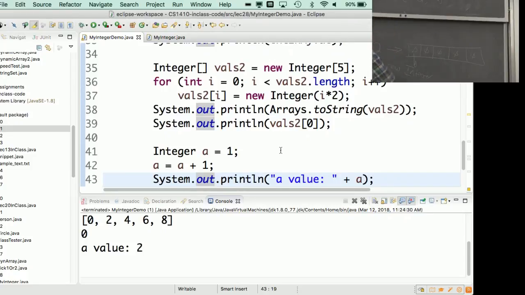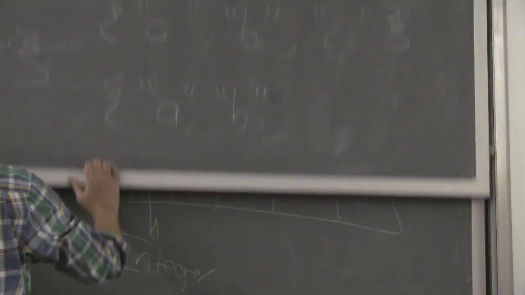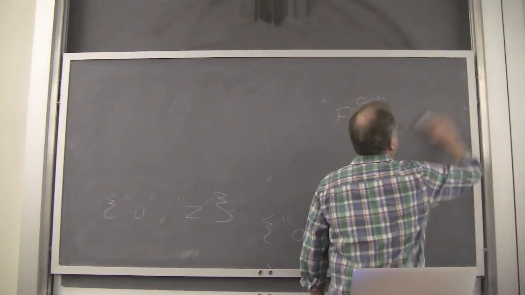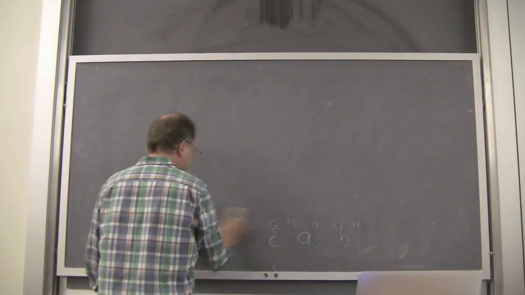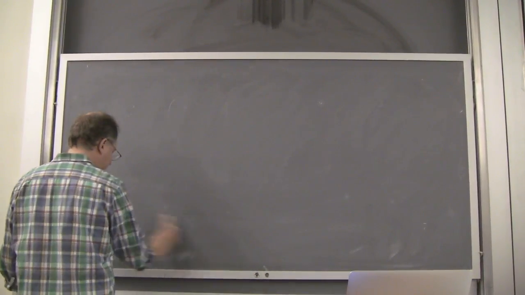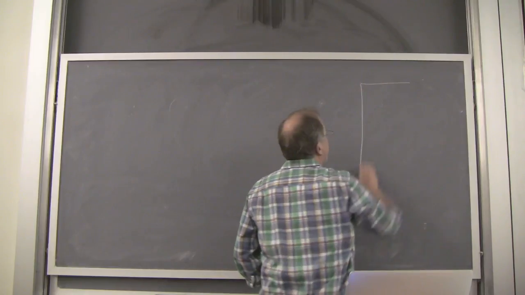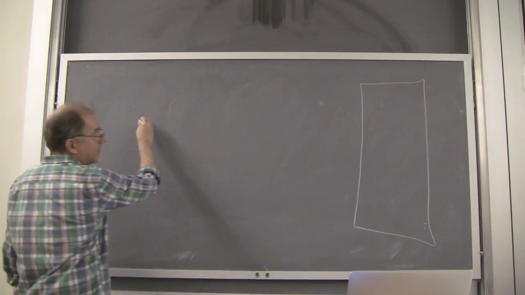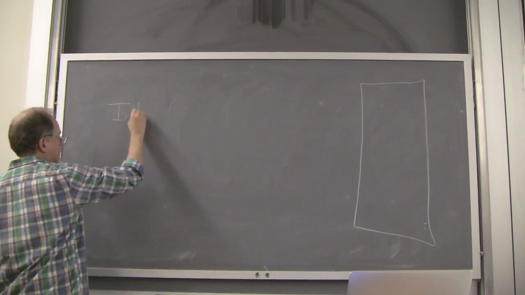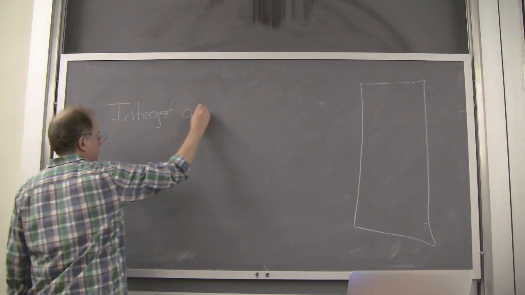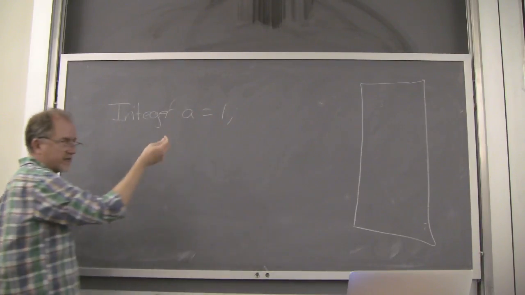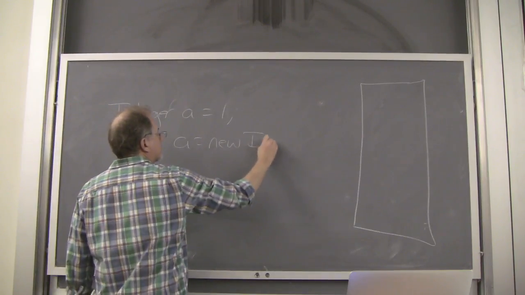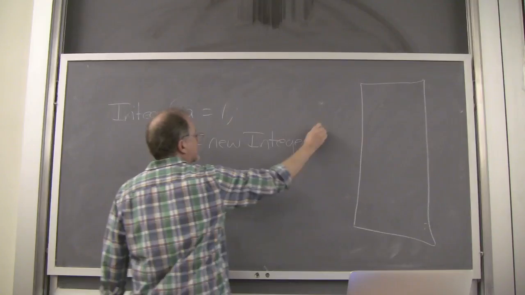Let's work through what this means. All right, so we have some memory over here, and I said a equals 1. Again, you should mentally think of this as a equals a new Integer with a 1 stored in it.